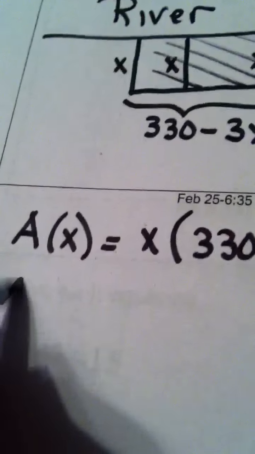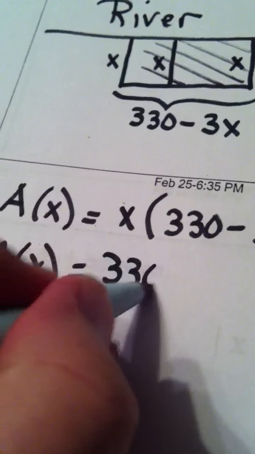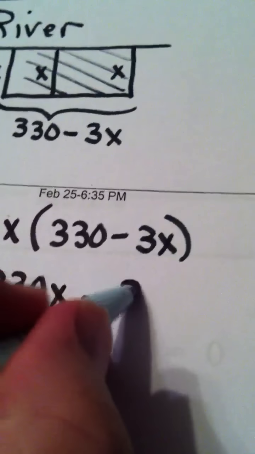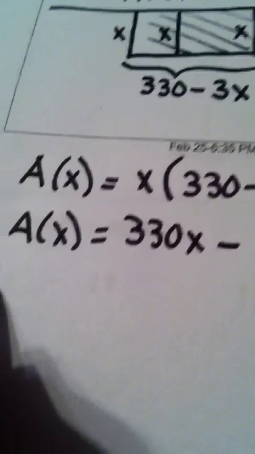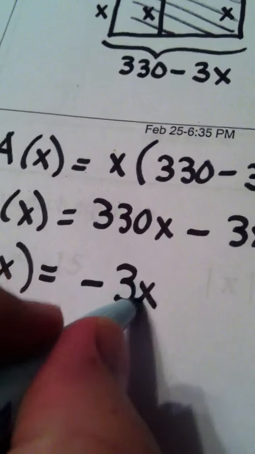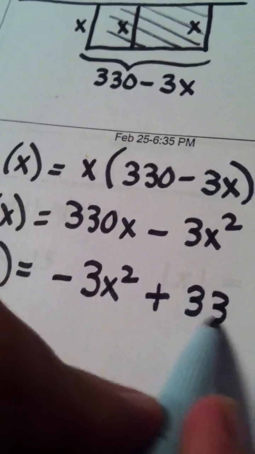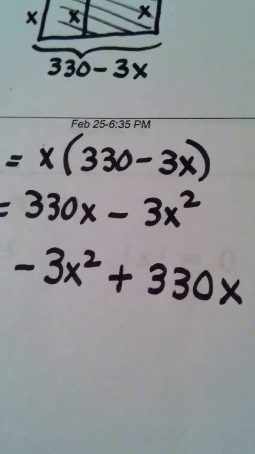So A of x is equal to 330x minus 3x squared. And if I put that in the appropriate order, A of x is equal to negative 3x squared plus 330x. Okay? That is my area function.